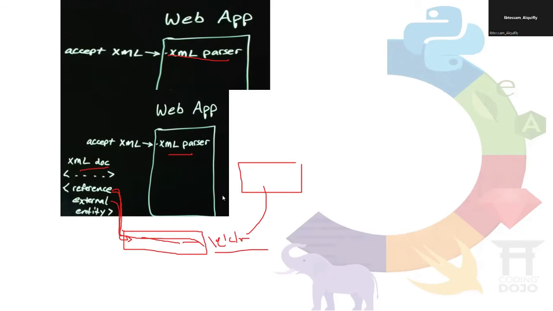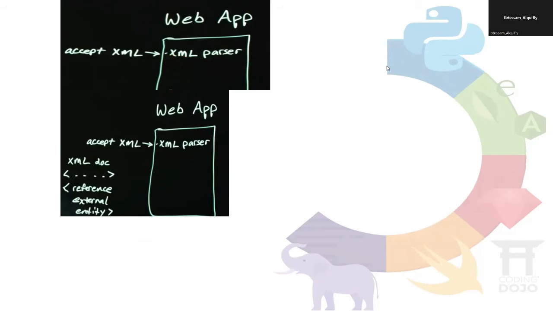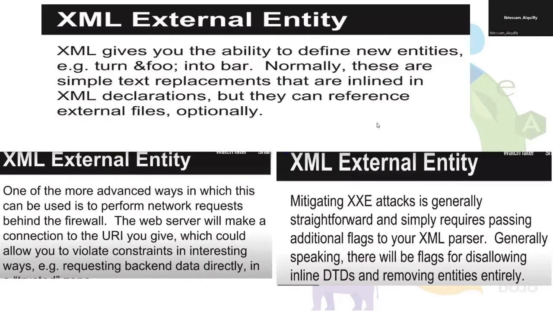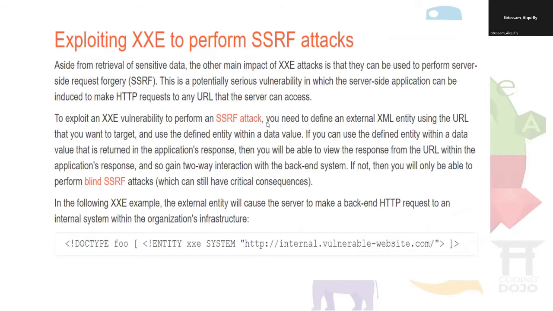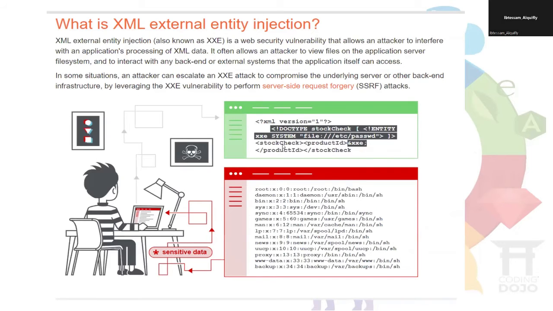So just to give you an idea, this is how it looks. We have the XML, and here, guys, the tags, then the elements, and then the attributes.